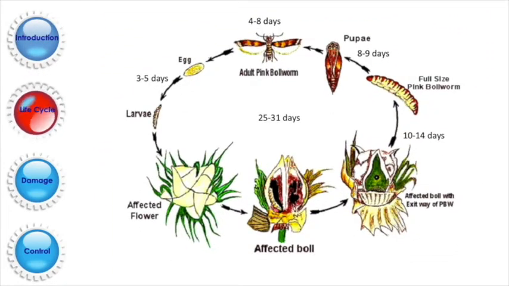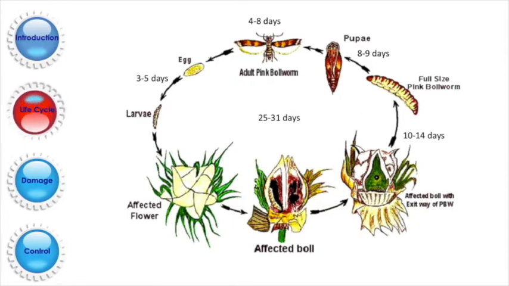Pink bollworm eggs are deposited on or near the cotton bolls at the time of flowering. Young larvae emerge after 3 to 5 days in optimum conditions, entering the cotton bolls shortly after emergence, where they feed internally within the pod, making a small hole to the exterior to allow air to penetrate.